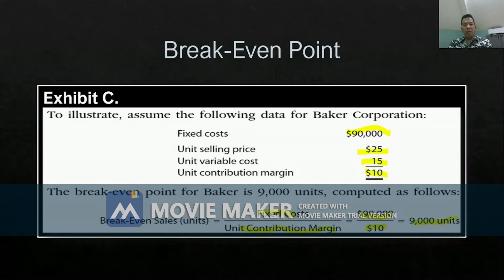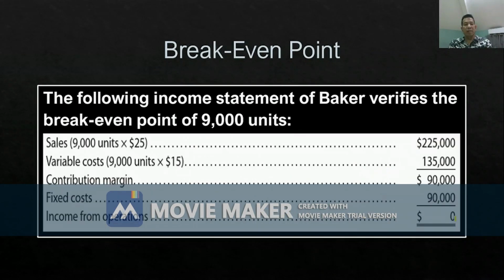Ibig sabihin na yung break-even point ni Beaker is doon maglalaro sa 9,000 units. The following income statement of Beaker verifies the break-even point of 9,000 units. I-probe natin bakit 9,000 units yung break-even point ni Beaker.